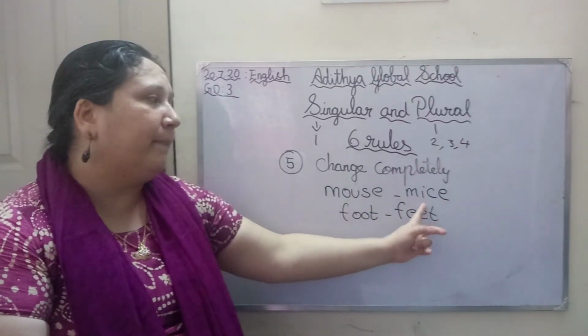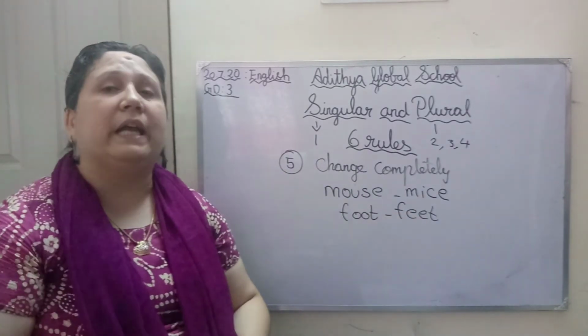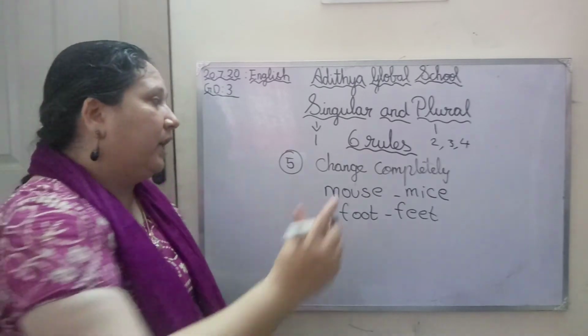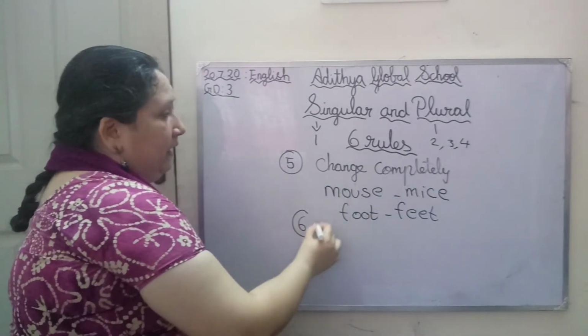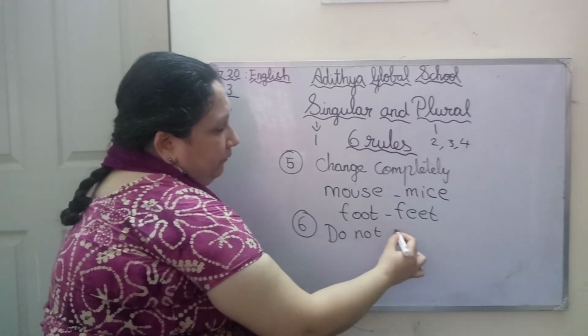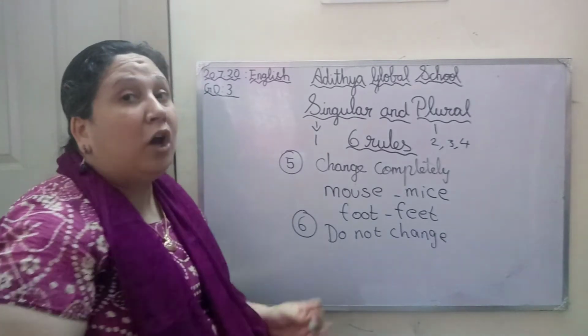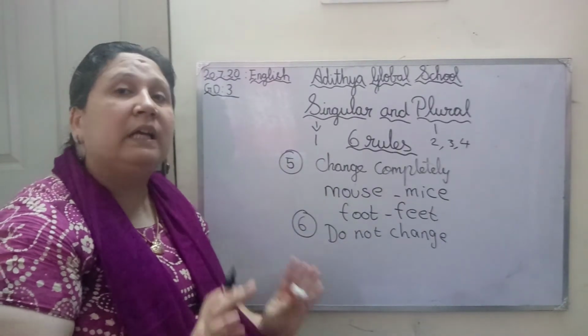So some words change completely to make a plural form. For mouse, we write mice. For foot, we write feet. So you see there is a full change. And the last one is some do not change. They remain the same.